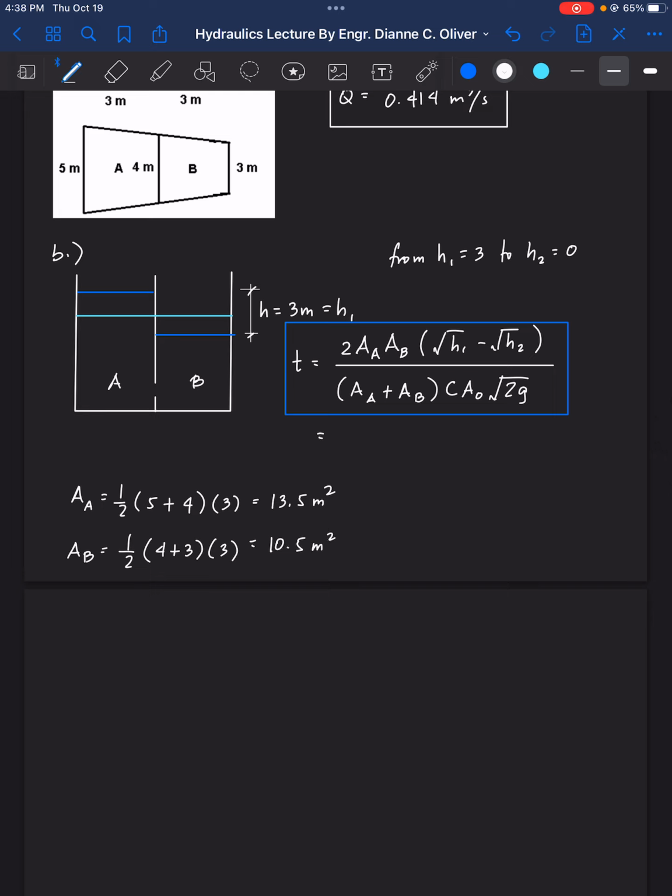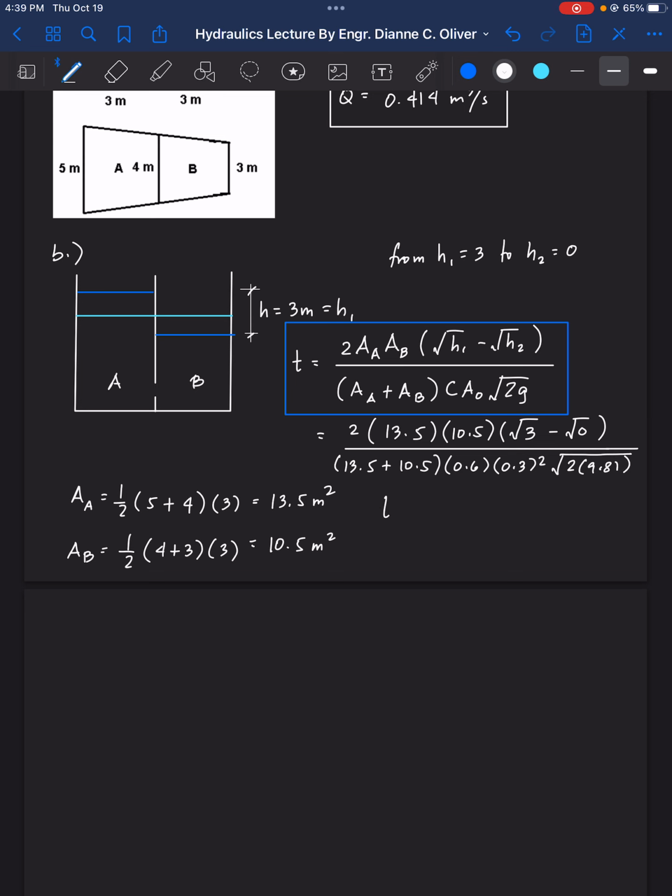Therefore, this is now equal to 2 times 13.5 times 10.5 times square root of 3 minus square root of 0, all over 13.5 plus 10.5 times 0.6 times 0.3 squared, then square root of twice of gravity.